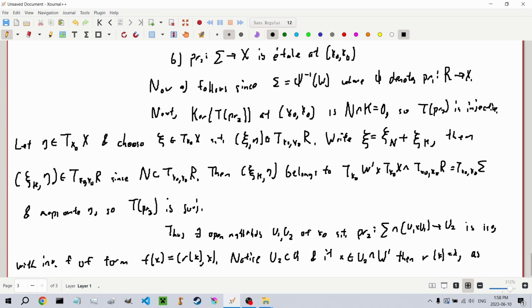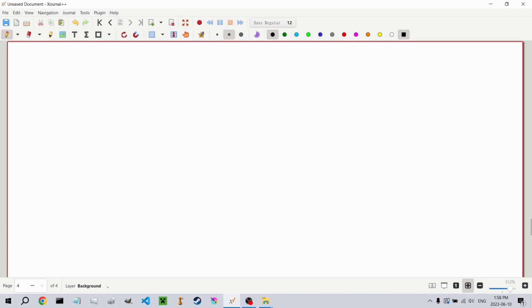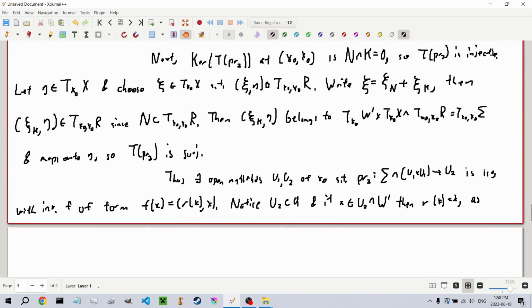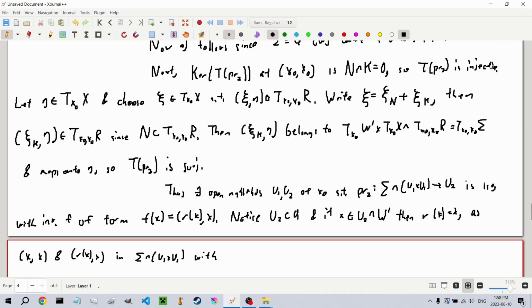And this is by the fact that x comma x and r of x comma x are both in the intersection of sigma and U1 times U1 with the same image in U2.